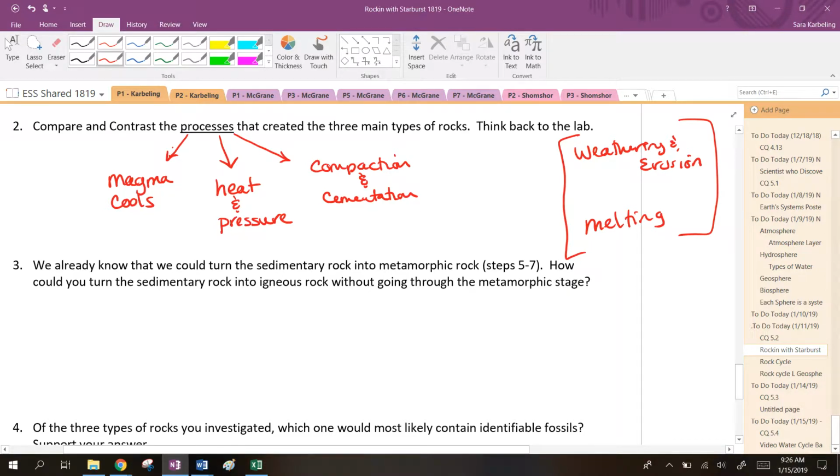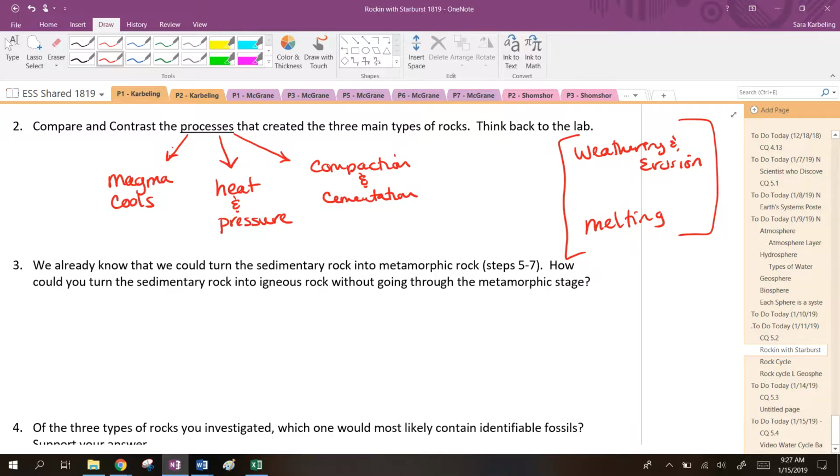Now, I just listed them. We did not compare or contrast. Help me out. Alexandra, can you compare and or contrast 2 of those? With heat and pressure, magma going from hot. Absolutely. That's fantastic.